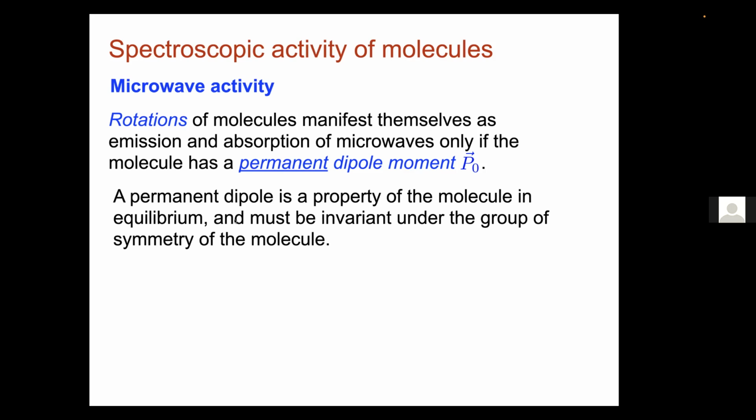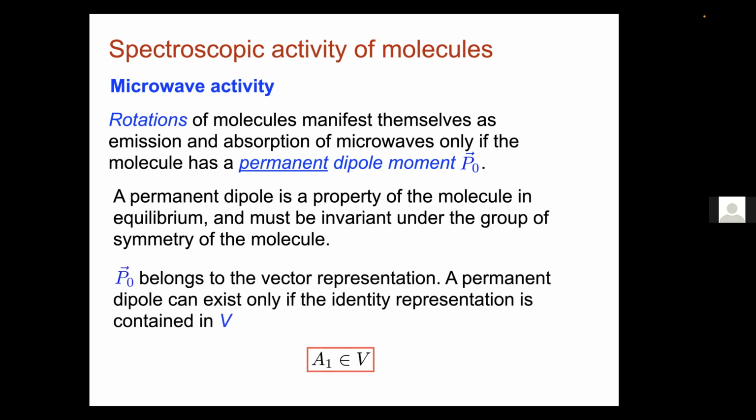Okay. So now, on the other hand, P is a vector, so it belongs to the vector representation. So it means that some component of vectors has to be invariant. So this means that in the vector space, there must be a subspace that transforms according to the identity representation. Okay, so that's the criterion.